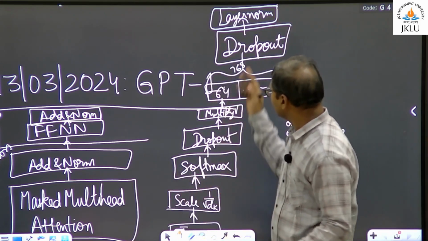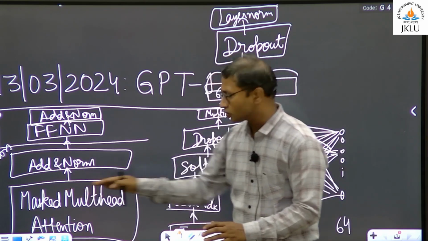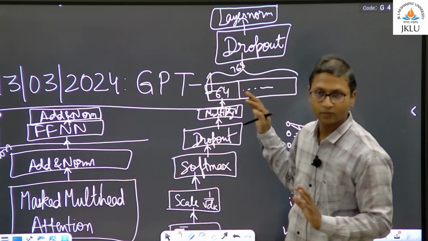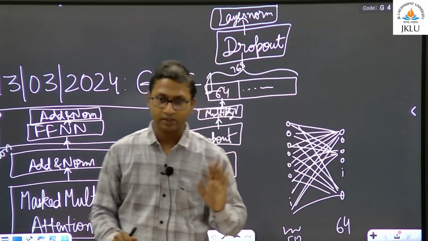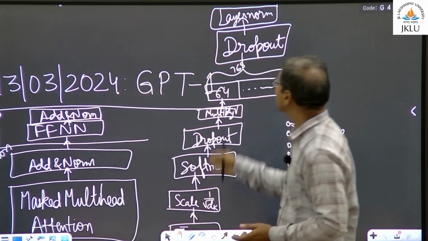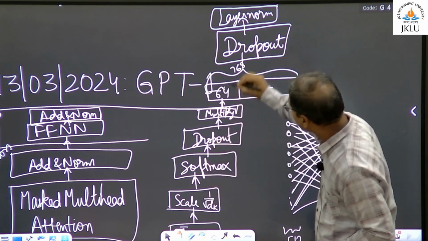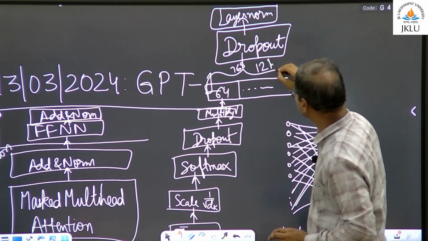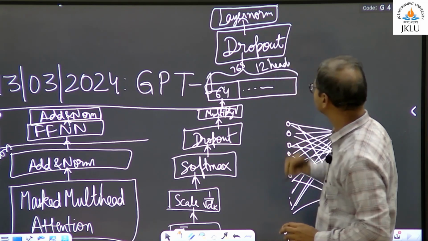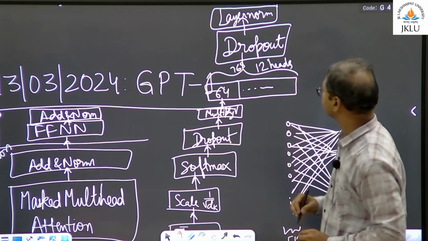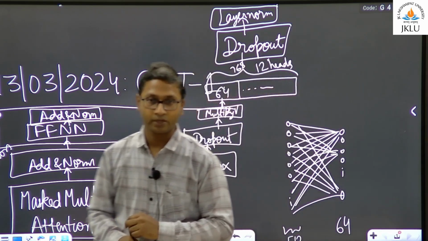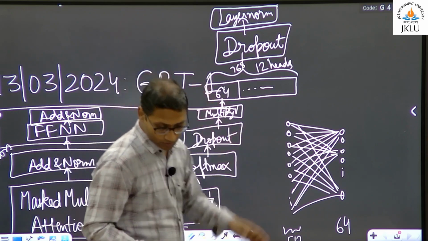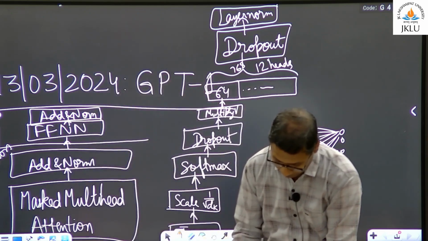The only new thing we have seen is that you have used dropout somewhere in between. Rest everything is the same as before. This path is just for one head. There are 12 such heads. So this is your GPT architecture.